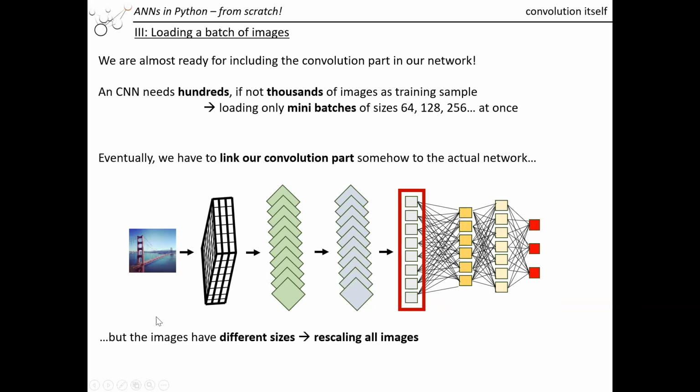So that also means we have to rescale all the images to one particular size, and then we can feed them into our network. So we have to perform these two steps: writing a routine that selects the mini batches randomly, and performs the rescaling so that we can feed it into our network. And that's what we're going to do next. So we have to do these two things first.